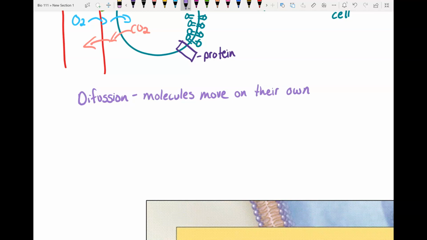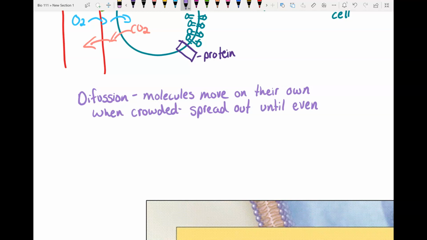So anytime molecules are crowded, they will naturally spread out. And they spread out until they are evenly distributed. And this is called moving with their concentration gradient.